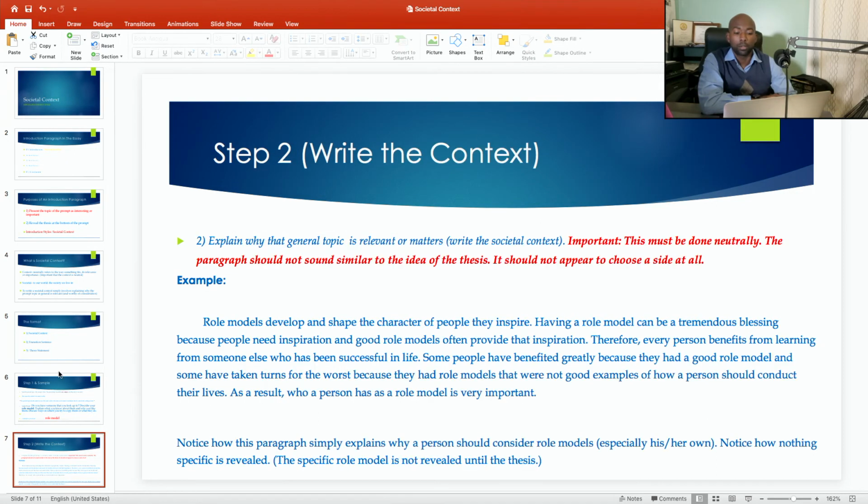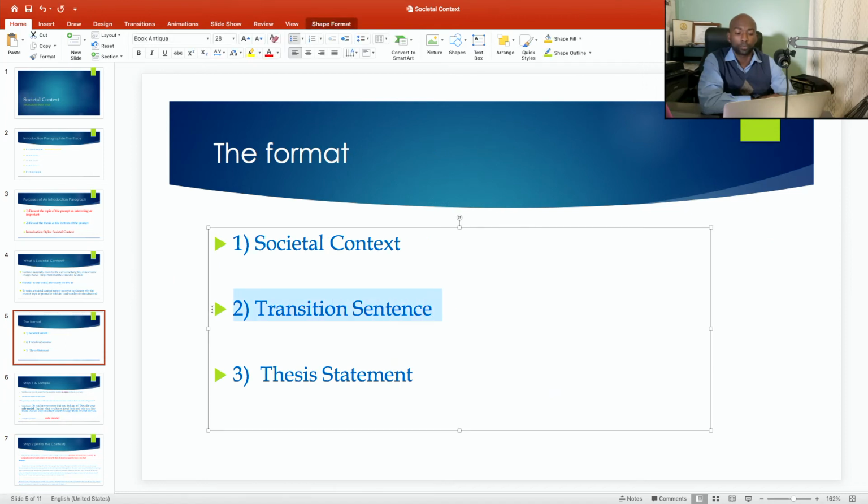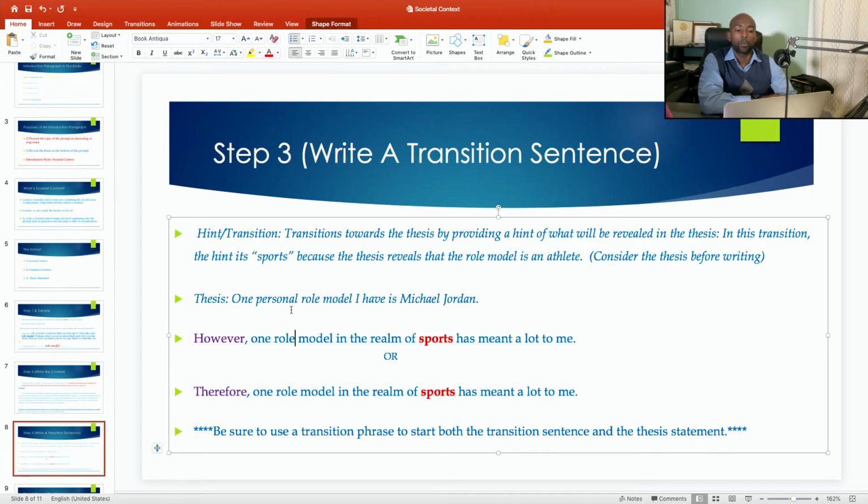Now, step 2 is the transition sentence, okay? So, transition sentence, what does it do? It provides a clue of what we're going to reveal in the thesis. So the thesis says one personal role model I have is Michael Jordan. So the thesis reveals our specific choice, right?